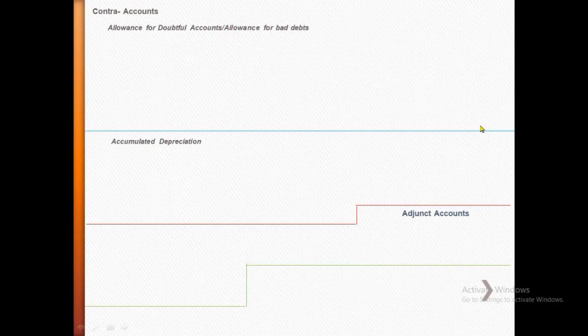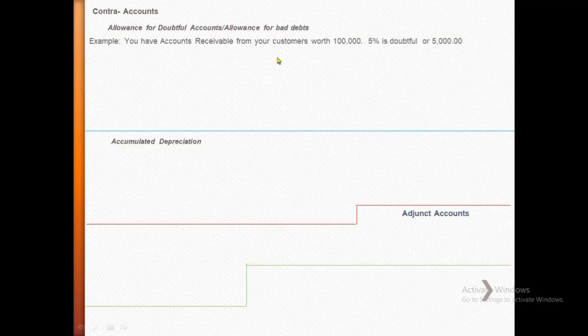Let us focus first on the allowance for doubtful accounts. This is a contra account of the accounts receivable. I would like to emphasize though that it is not the same as the doubtful accounts expense. So let's elaborate. For example, you have an accounts receivable from your customers worth 100,000 and you doubt that 5% of it is uncollectible.